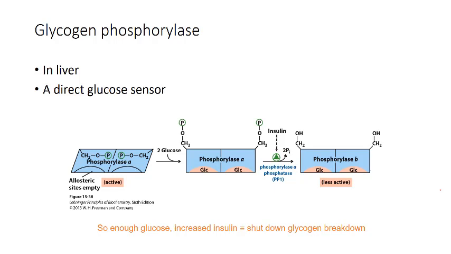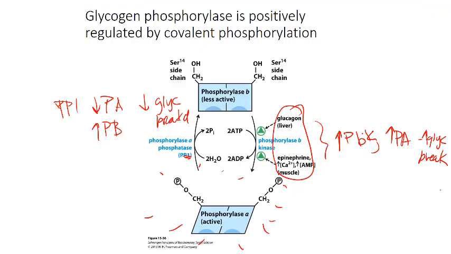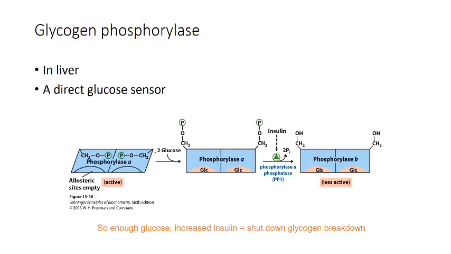But when there's a lot of glucose, the glucose binds to allosteric sites. It causes a conformational change that makes the phosphates exposed and allows them to be clipped off, which deactivates the enzyme. So that's the missing part on this slide: if you have high glucose, it's going to cause a conformational change in glycogen phosphorylase that will cause the phosphates to be snipped off and deactivate the enzyme.